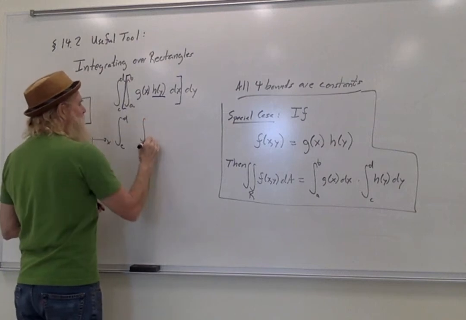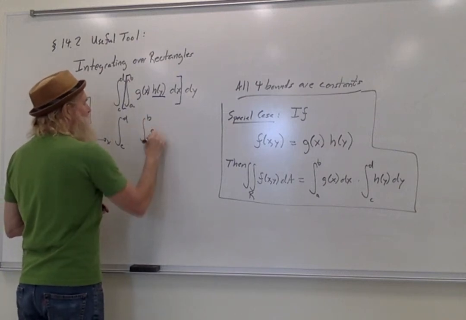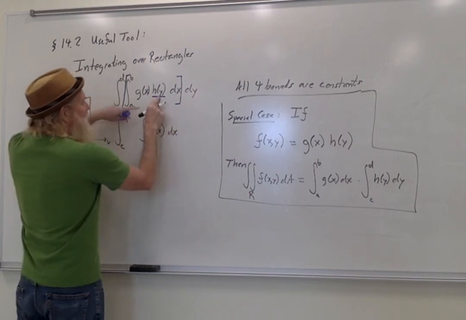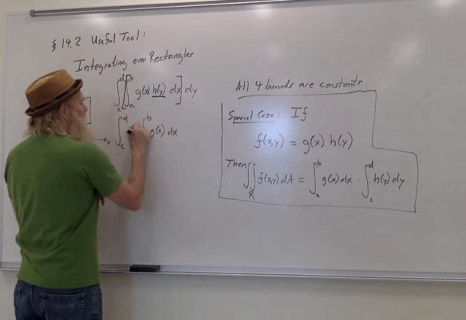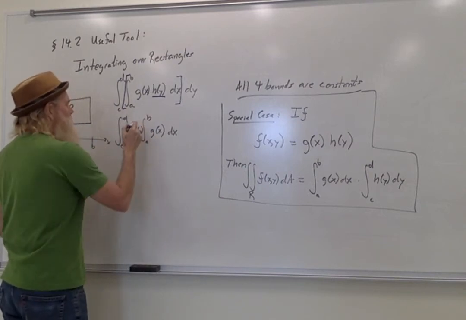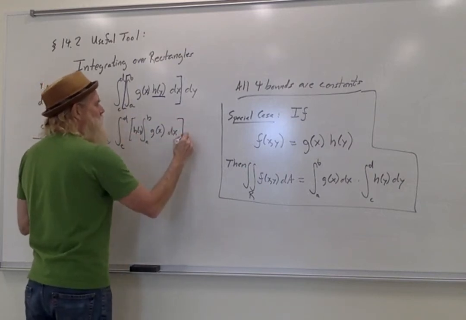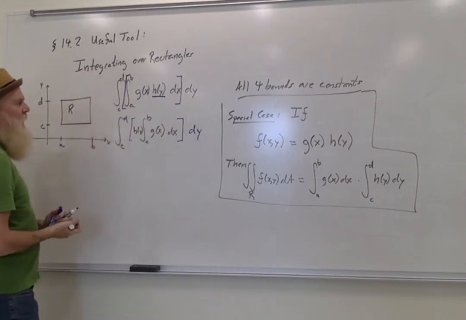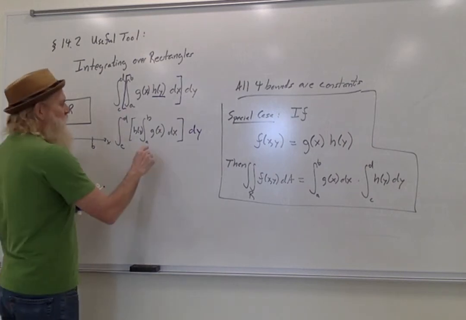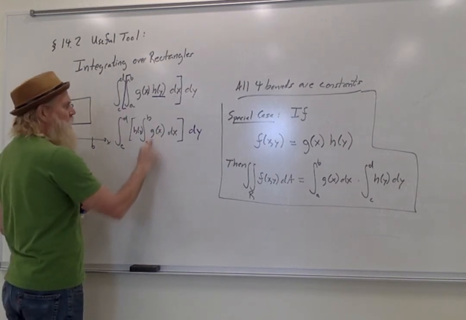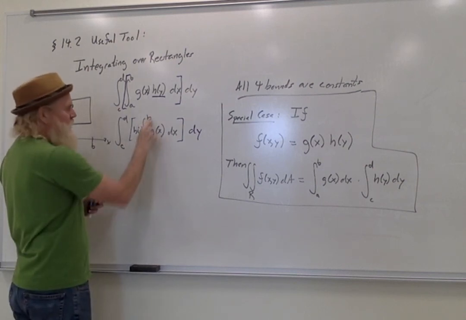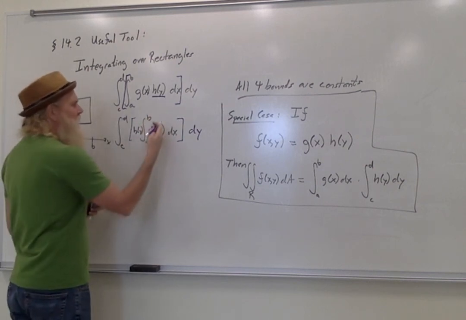So this integral from a to b of g of x dx can have this h of y factored in front of it, like that. But now, when I integrate g from a to b, I'm going to find an antiderivative for g, plug in two endpoints and subtract.